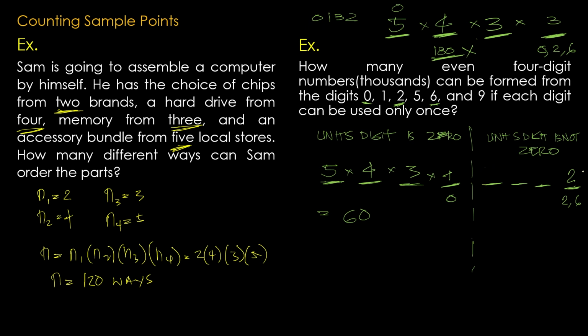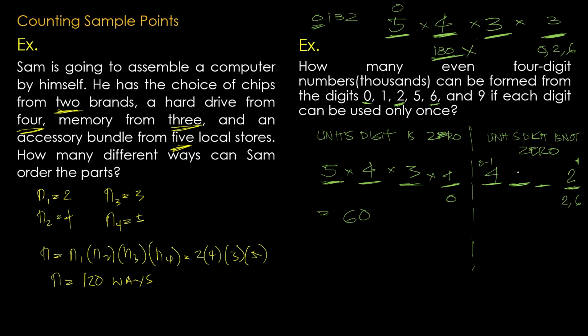So for the thousands digit, we only have 4 choices. For the hundreds place, you can consider 0 in here.